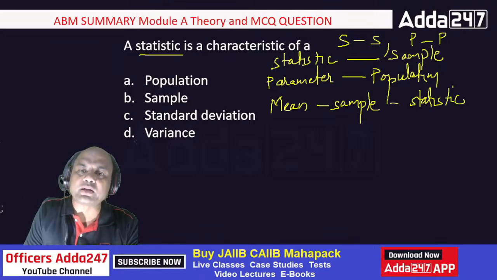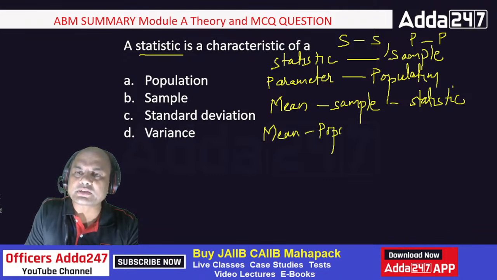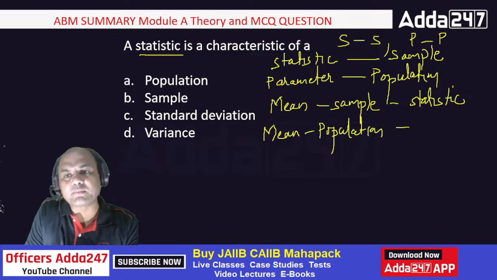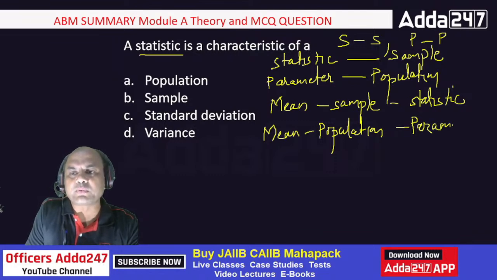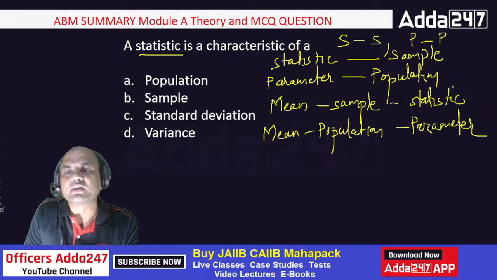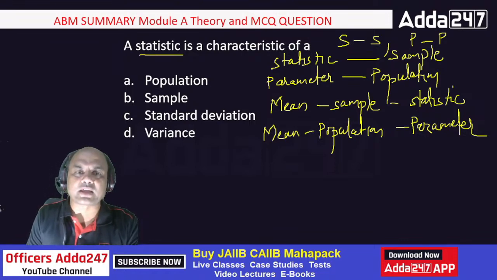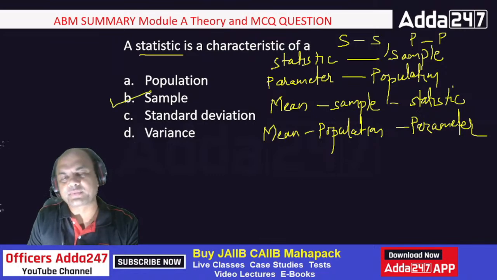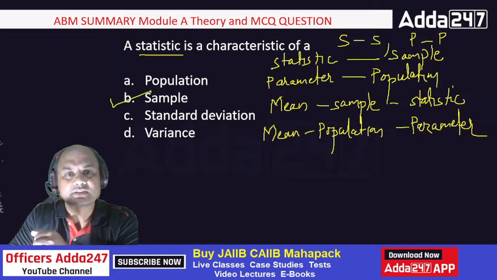But if I find the same mean for the population, it is the same mean, but one is for population and the other is for sample. If it is for population, it is called a parameter. If it is for sample, it is known as statistic. So statistic is a characteristic of sample. That is the answer, sample.